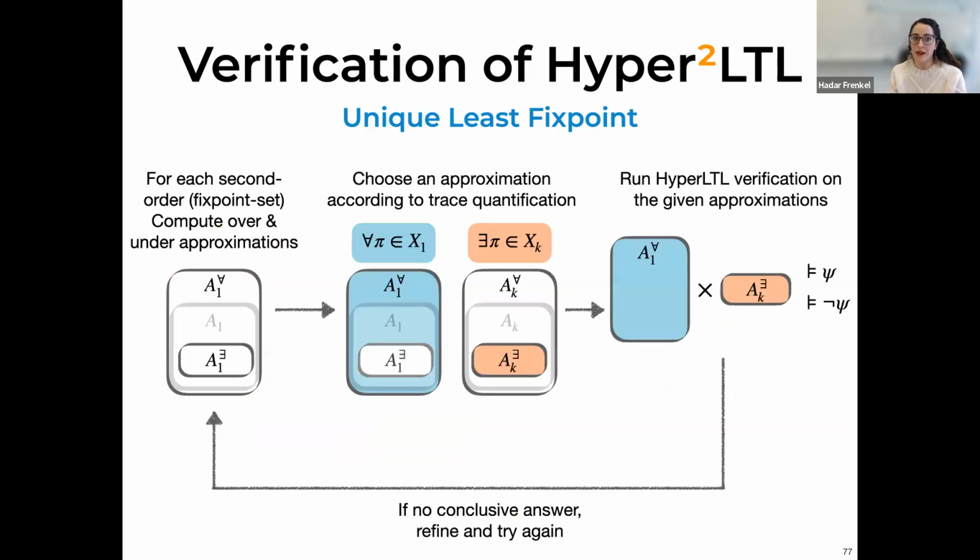So an overview of the algorithm is that for each second order set, we compute both an over approximation and an under approximation. Then we choose it according to the first order quantification, and then we apply hyper LTL model checking.